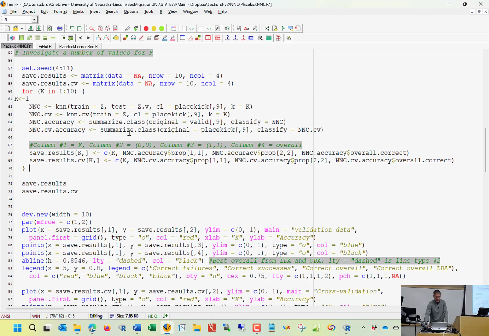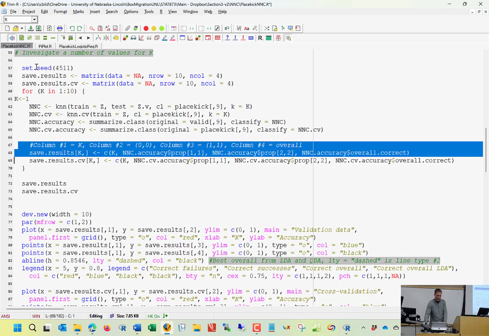And so when I do this, I'm going to combine together the value of k, the accuracy for the failures, the accuracy for the successes, and then the overall accuracy. I'm going to put that all combined together and put it into the kth row of my save.results matrix.